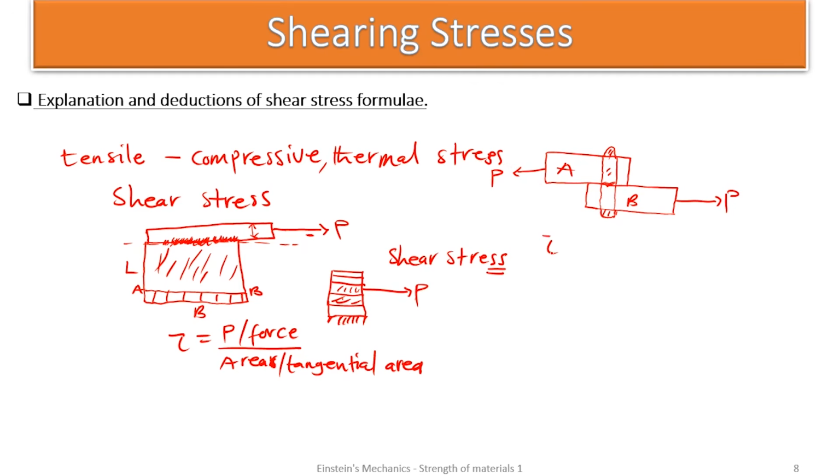So that means the shear stress tau is going to be this force P over the tangential area. Now the area should be the area of contact by the rivet.